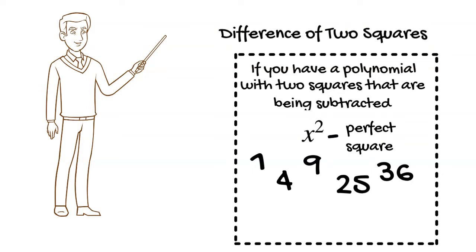These are the numbers where, for example, 1 squared is 1, 2 squared is 4, 3 squared is 9. Those are the perfect squares, right? And so if you have x squared minus a perfect square, that factors to x plus the square root, x minus the square root.